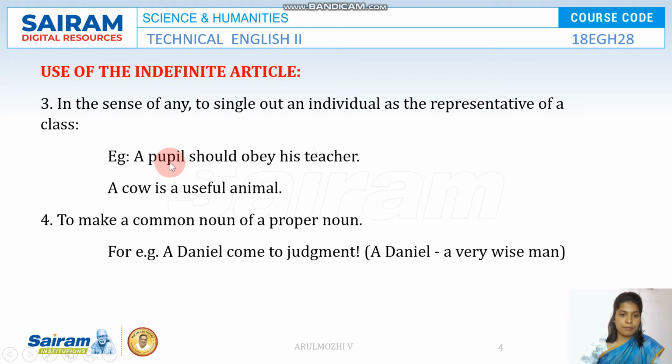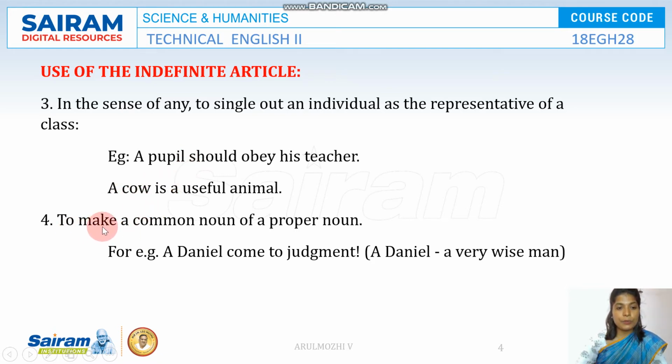Take for example, a person should obey his teacher. When you take one particular unit from a class or group as an example, you can use a before that. A cow is a useful animal. When you say that, you mean all cows.